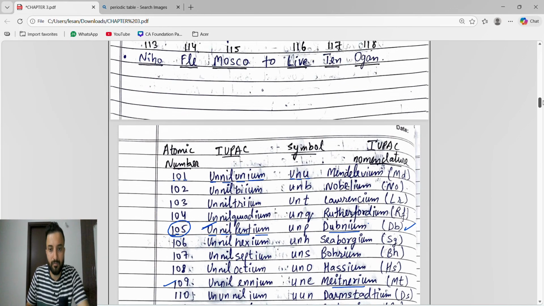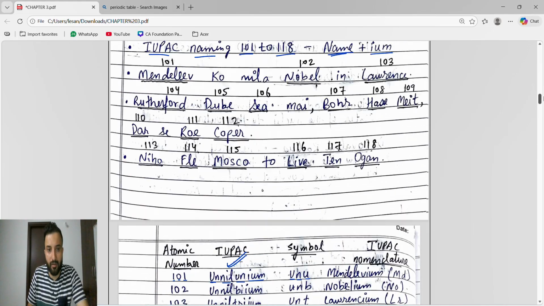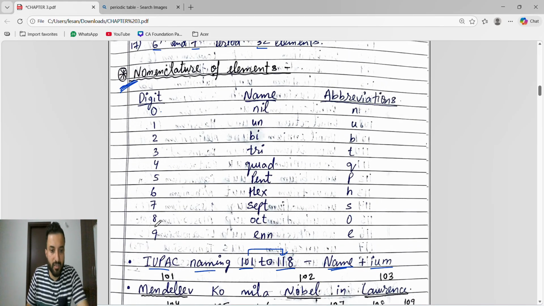Atomic number 101 to 118, this IUPAC nomenclature is very easy, right? Because you know what to say for these digits, and according to that you will write. Suppose 113: 1 we say un, again 1 means un, 3 means tri, and at the last ium: ununtrium.